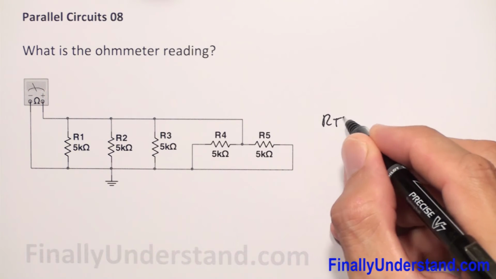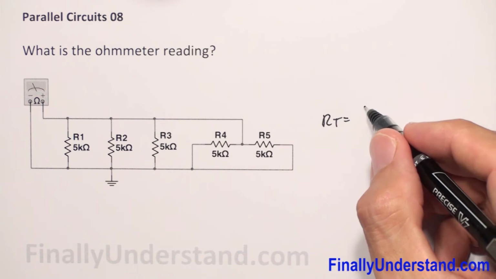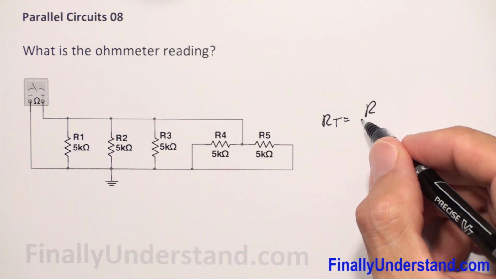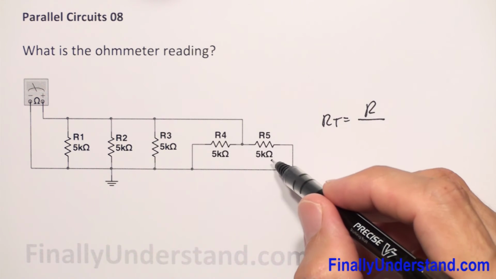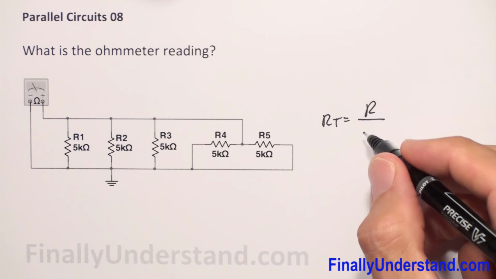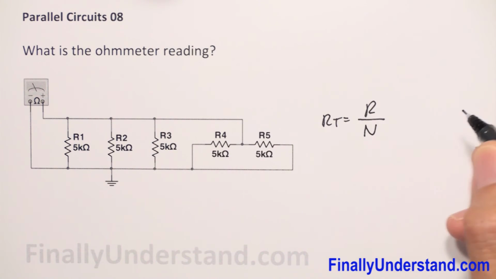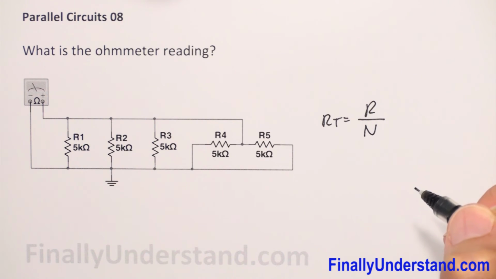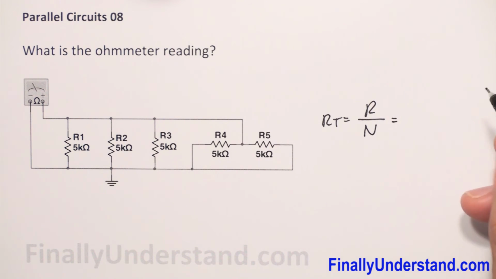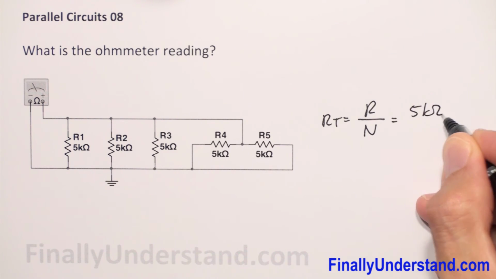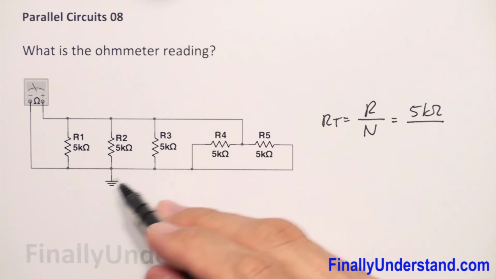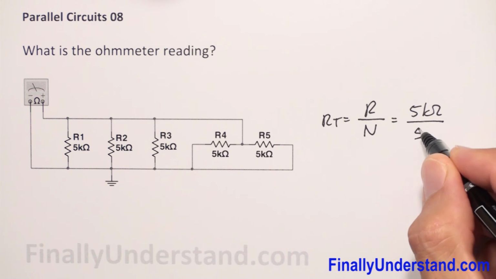R total in this case is equal to the resistance of the resistor, which in this case is going to be what? 5 kilo ohms divided by N, which is equal to the number of resistors. So I have R equal how much? 5 kilo ohms over 5 resistors.